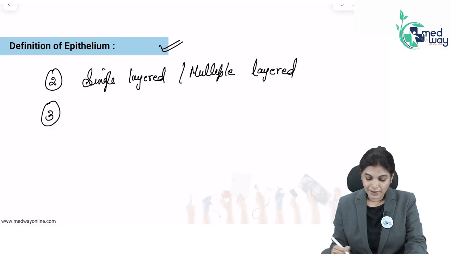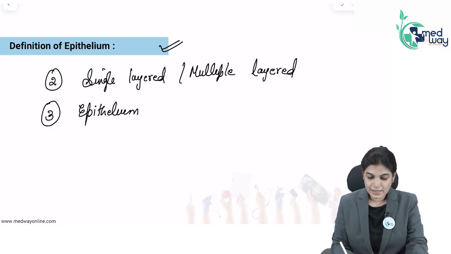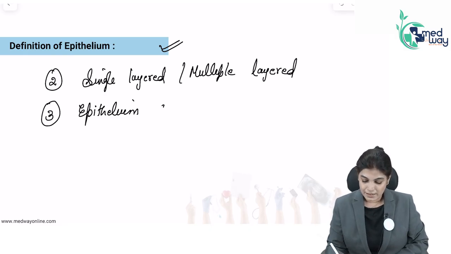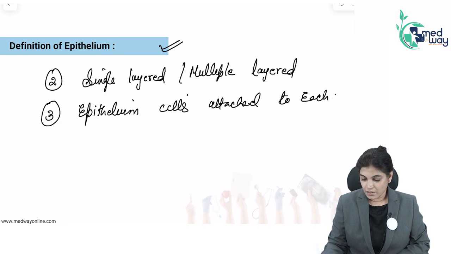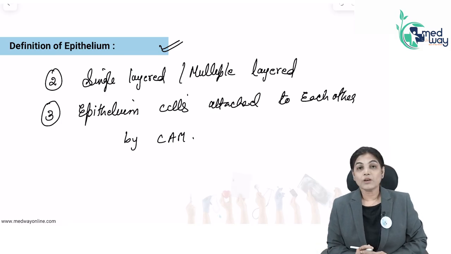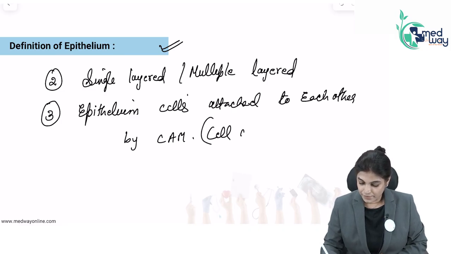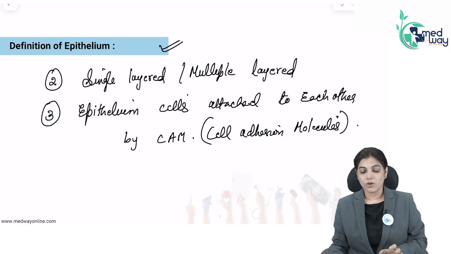Other than that, the cells of the epithelium are attached to each other, and that attachment is by CAM. What is that? Cell adhesion molecules. So that attachment is called cell adhesion molecules. Other than that, epithelium rests on a basement membrane.